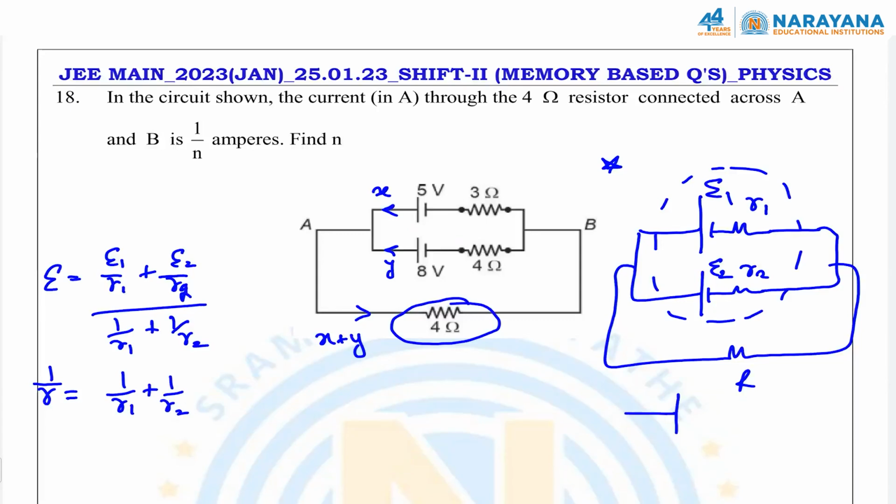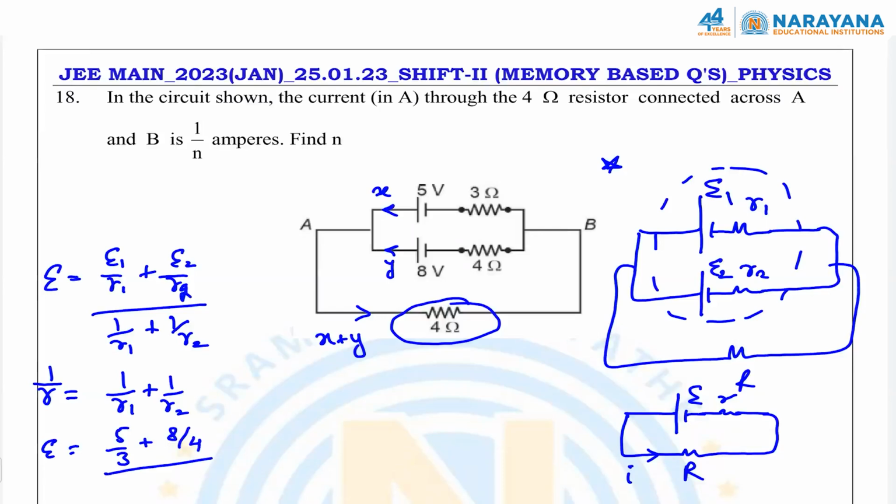So in that case, the circuit will finally become like this, and we can find the current. So let's first find E. E will be (5/3 + 8/4) divided by (1/3 + 1/4). So this will come out to be 44/7. 5 4s are 20, 8 3s are 24, 44/7 volt.